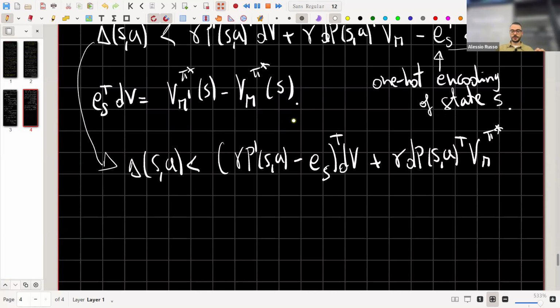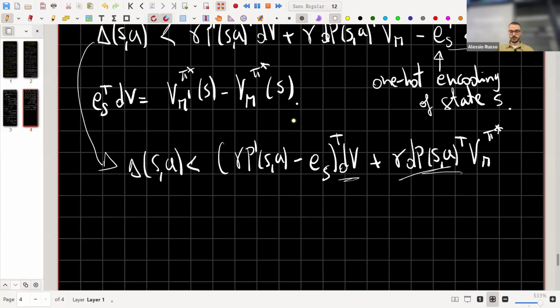But we can see that from this difference of transition functions, we will be able to extract a KL divergence of P and P prime when we take the absolute value, and also the same here for dV by using Hölder's inequality.